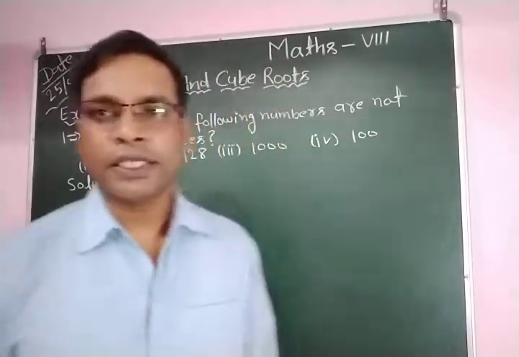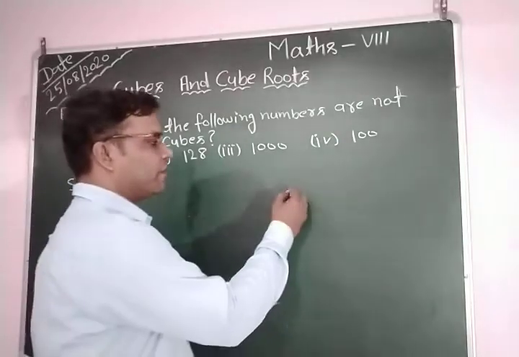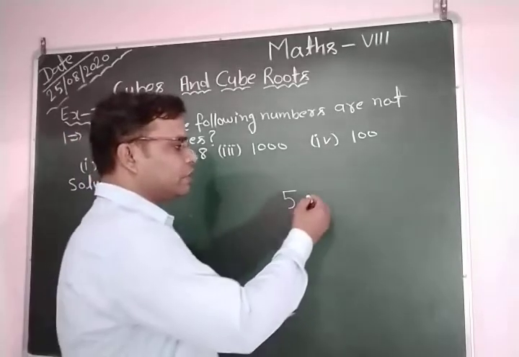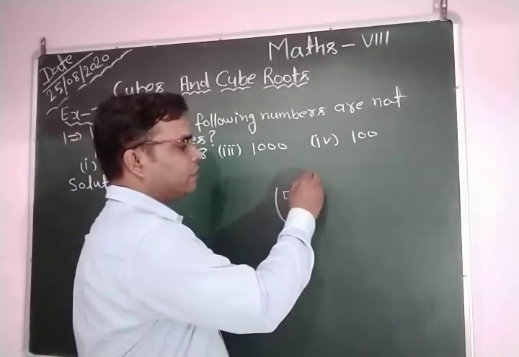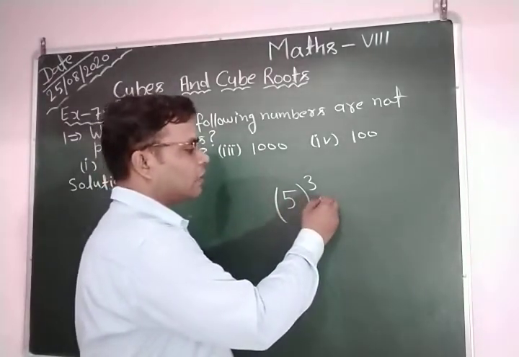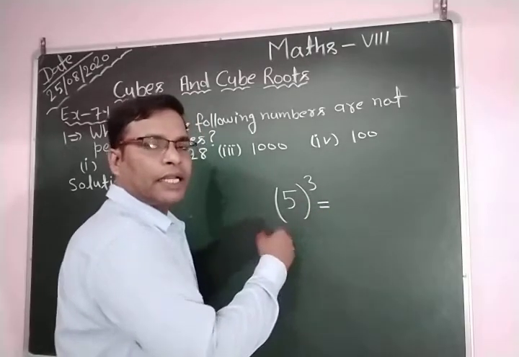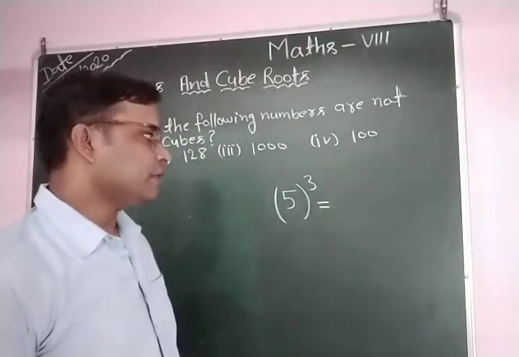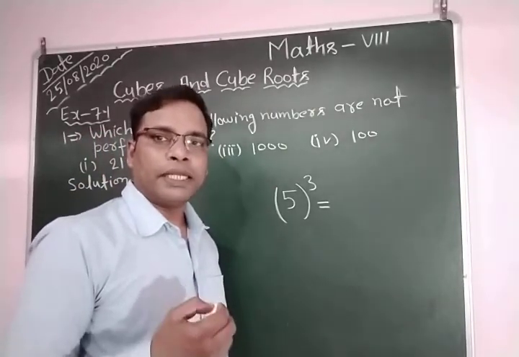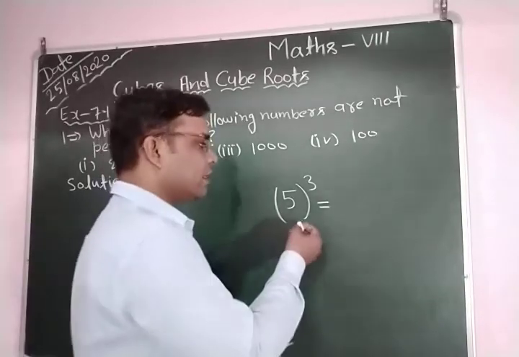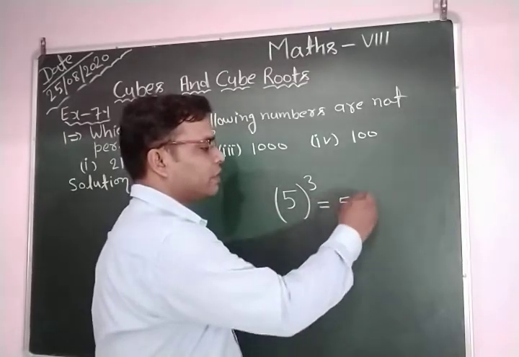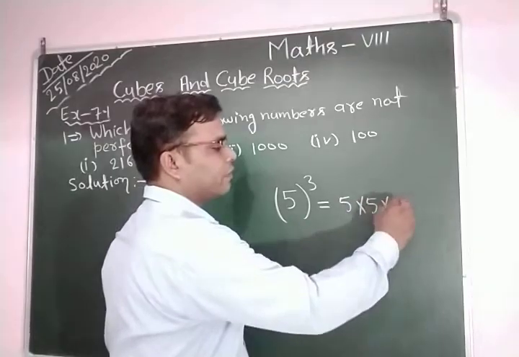For example, if you take 5, what is the cube of 5? The cube of 5 means you can write it as 5 to the power 3. You can say this is the cube of 5. According to the definition, the cube of a number is the product of the number by itself three times. It means we multiply 5 by itself: 5 into 5 into 5.